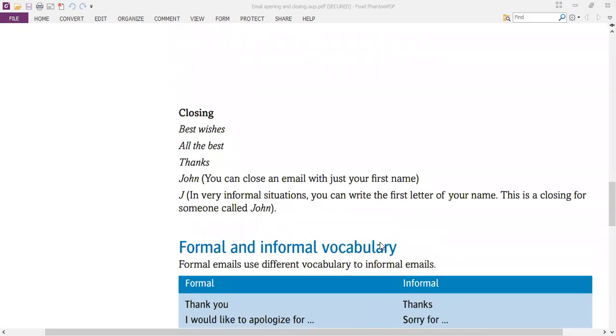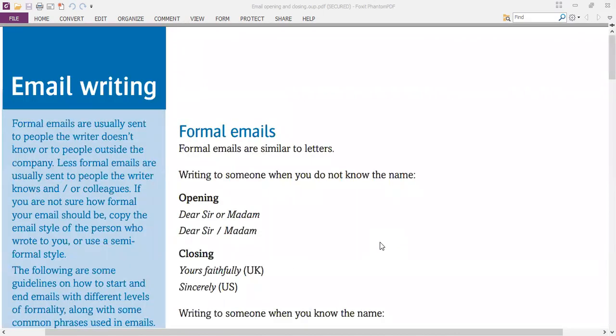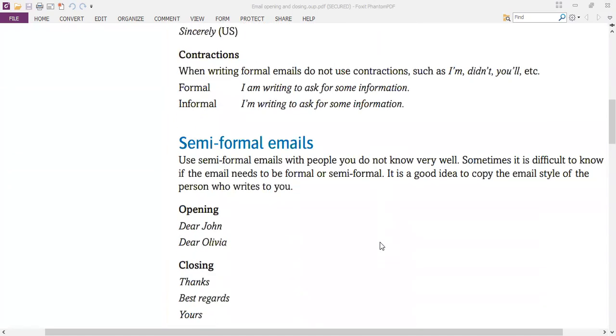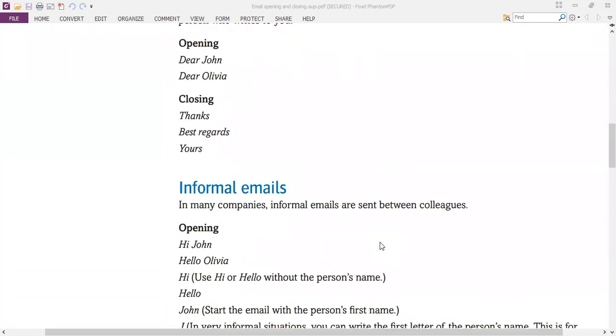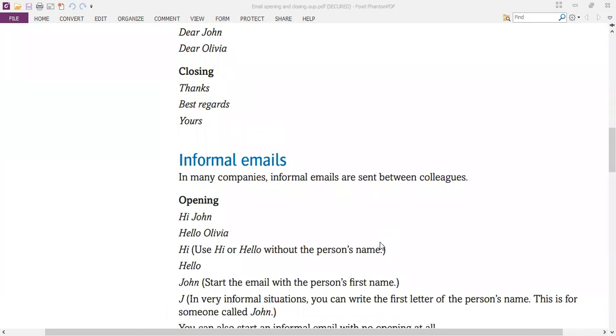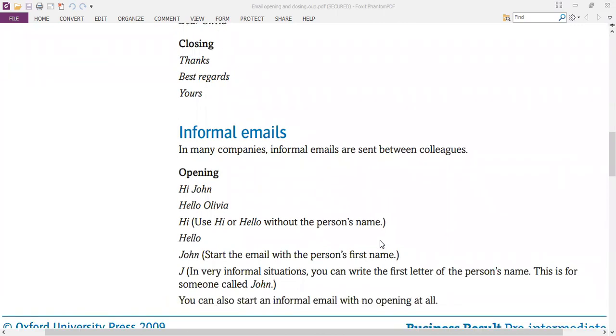If informal emails, many companies, informal emails are sent between colleagues. So the opening can be pretty simple as well, as we have in an informal letter. Hi, John. Hello, Olivia.